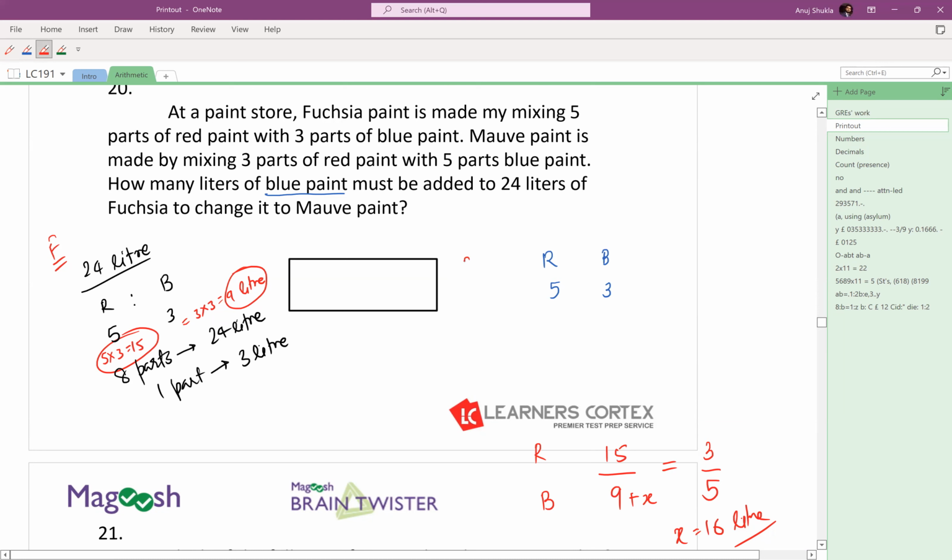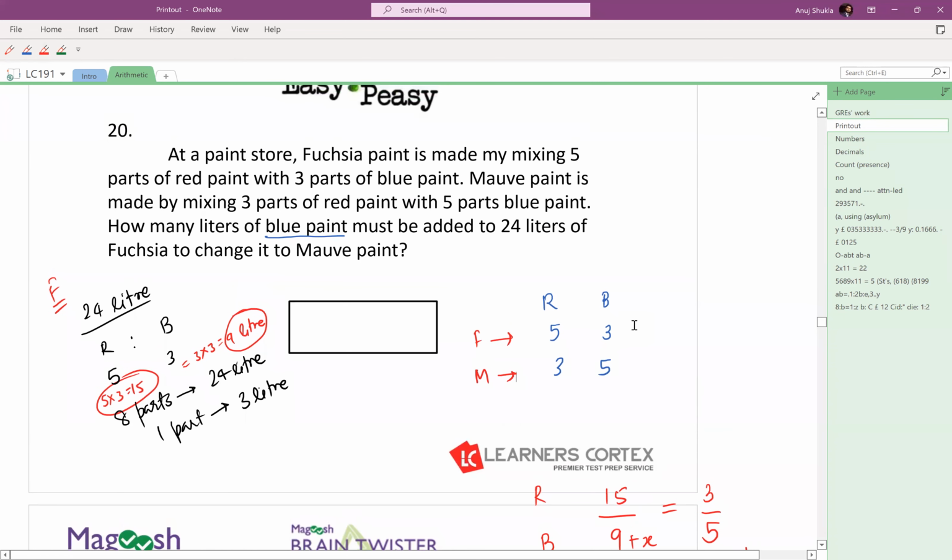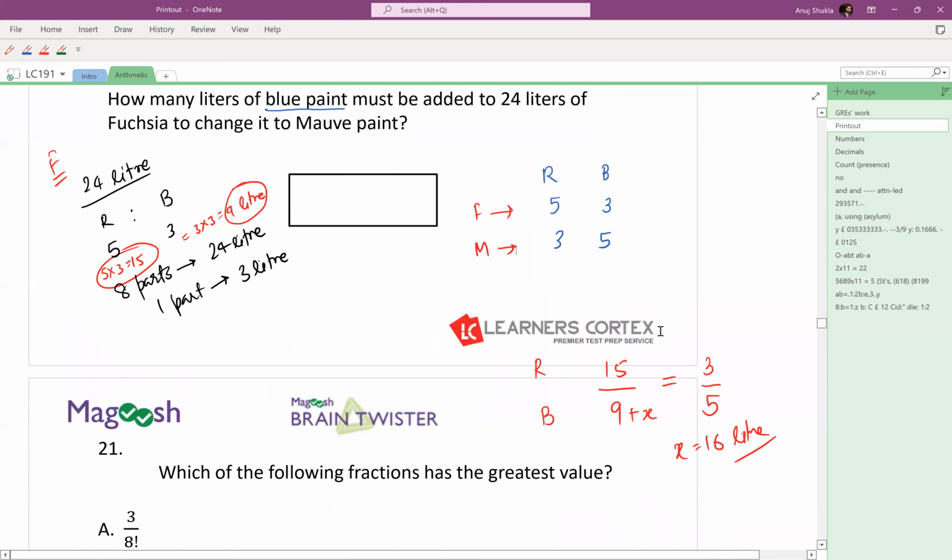So this is fuchsia and this is mauve, right? Now see one thing. Forget all other things which I have written, okay?